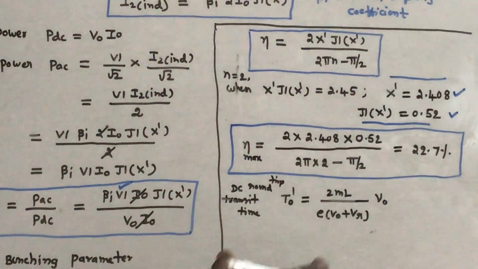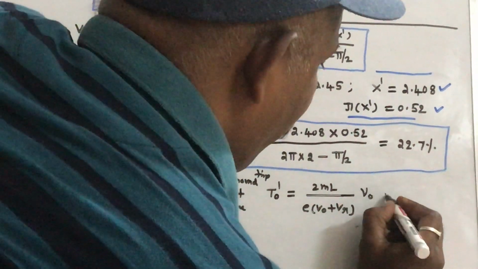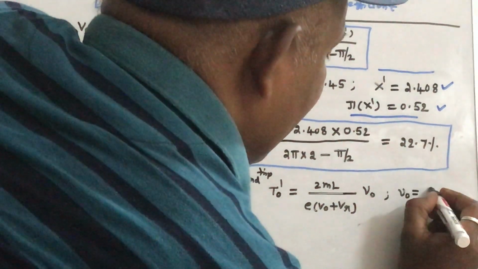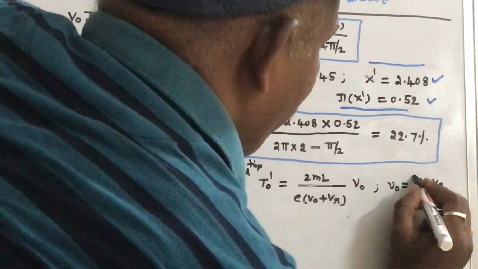This is what we have derived in the bunching parameter derivation. This is the DC round trip transit time. Where what is V0? DC beam velocity.